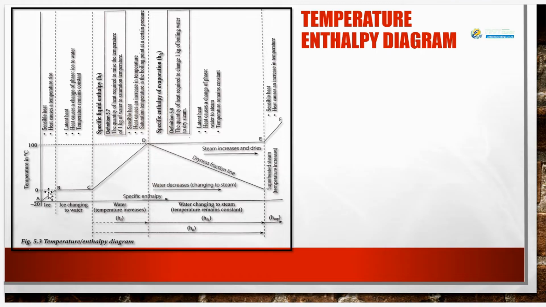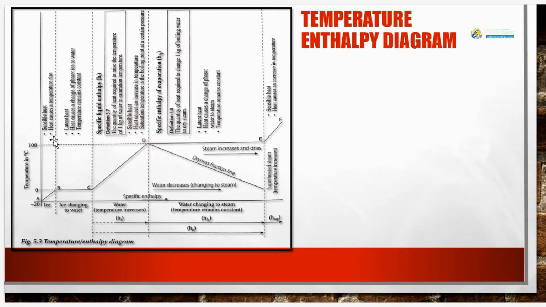But as you can see there, ice needs to change in temperature before it starts melting. We cannot have a situation where the ice will just start melting without any change in temperature. The temperature has to increase from negative 20, as you can see in the structure, to at least 0 degrees Celsius.